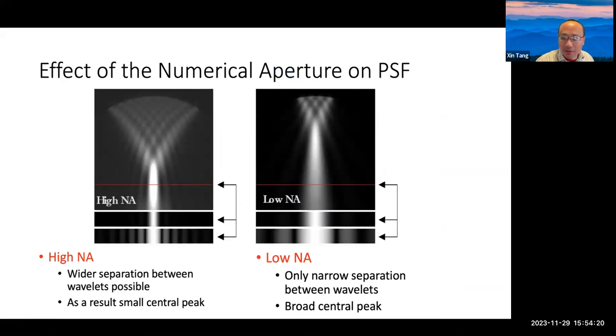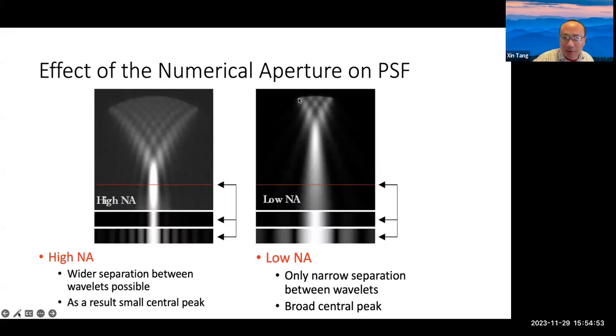Now, remember we talked about the idea of numerical aperture. If the aperture is larger, the angle is wider, and you have a longer wavefront. Then you will have more wavelets, and it turns out the final interference pattern in the imaging plane becomes brighter and narrower.